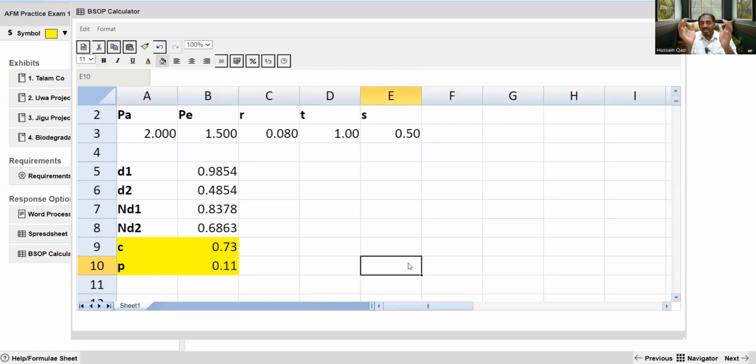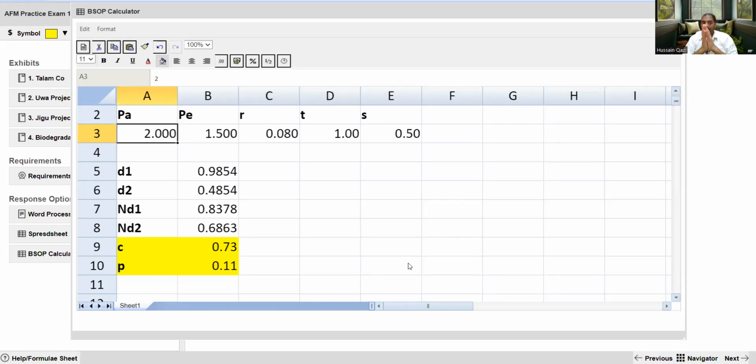That is what the BSOP calculator does. If the examiner examines BSOP in section A or section B, a spreadsheet calculator is available; you just put the variables and identify the answer. You must be aware of that. This calculator will be available during the exam question, so you don't need to calculate with the complex formula of the call option and put option.